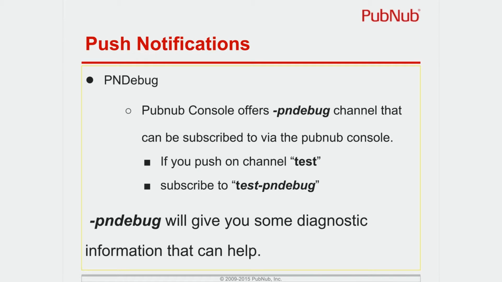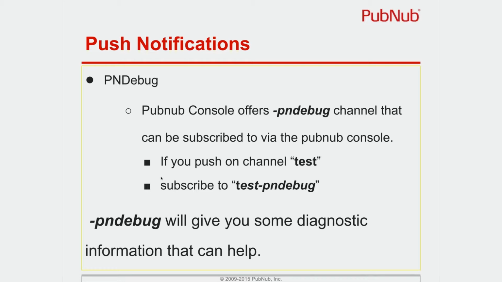We do have some diagnostic capability on the push notification side. If you have a channel that has push enabled, you can then subscribe to a channel called channel name-PNDebug. So if I had a channel called test that had devices associated with it, and I wanted to see what was happening with my APNS push notification, I could subscribe to test-PNDebug either using the developer console or a small app, whichever you want to do.